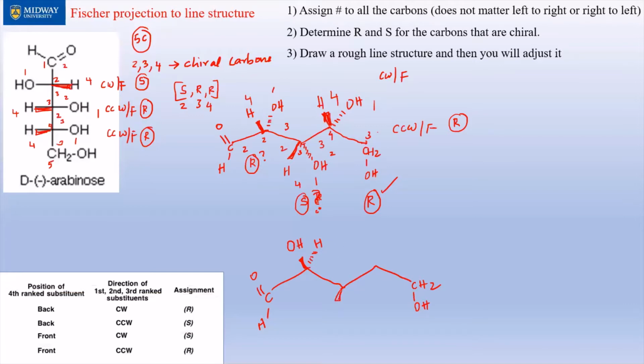Similarly, here, hydrogen was in the front, but we wanted R, so move the hydrogen to the back position. We had no problems here, so we're going to leave this as is. And that's it. This is the correct structure. We just went from Fischer to line, and that's exactly how we do it.